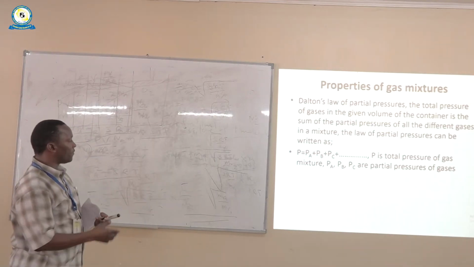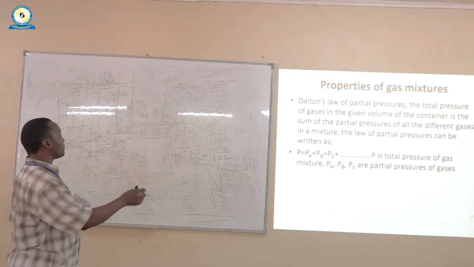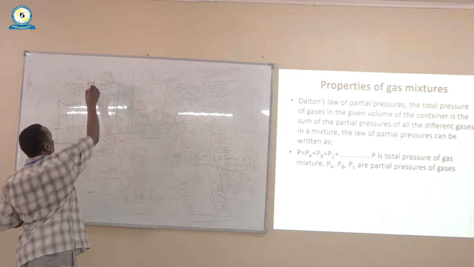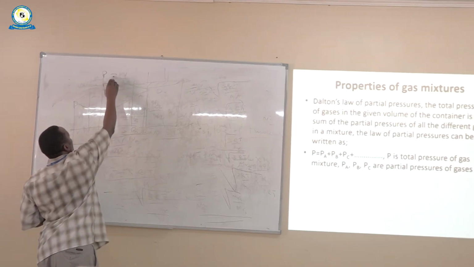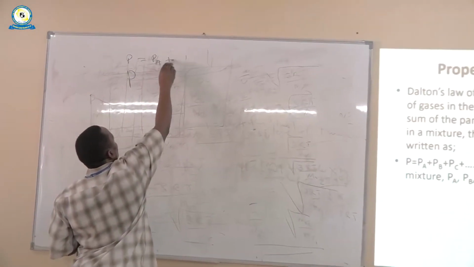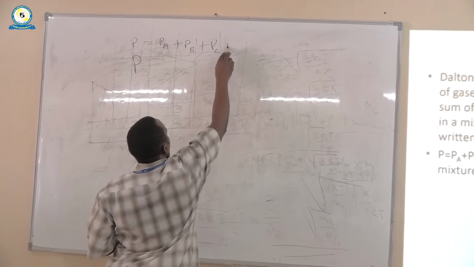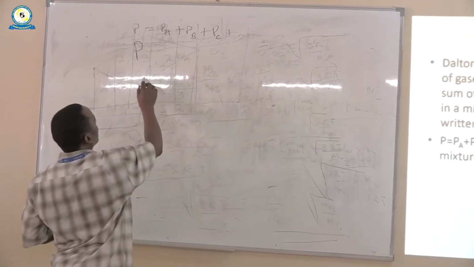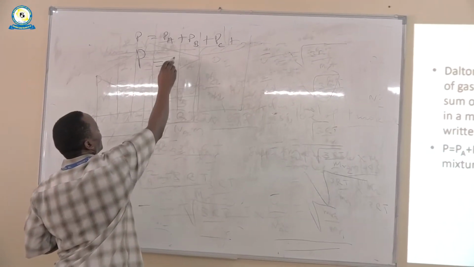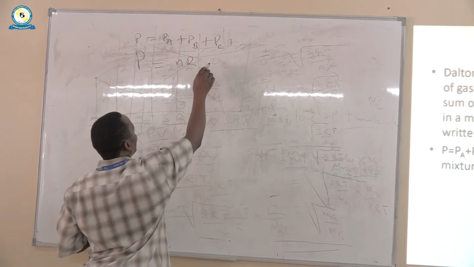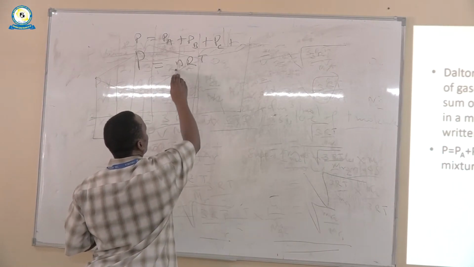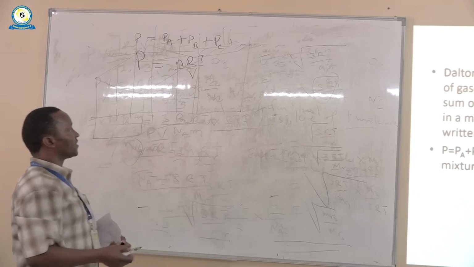So, of course, we have the pressure, where P is equal to PA plus PB plus PC, etc. The pressure is represented as usual as nRT over V. It's treated in the same way.